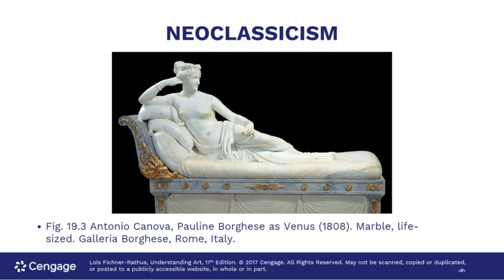And here we have a combination of realism and idealism. So we know that her face has got some individualization. It's supposed to be a portrait, but it's definitely improved upon, kind of idealized, to make her look the best that she can look.